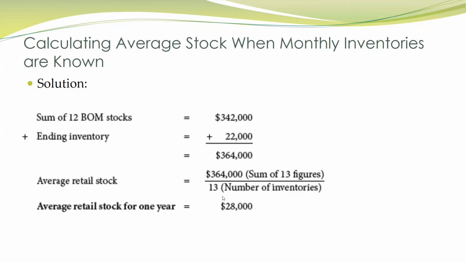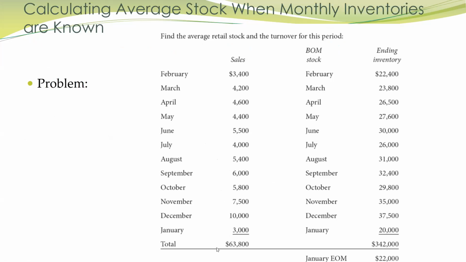So 28,000 is your average retail stock, and your net sales for the entire period is 63,800. What is your annual turnover?